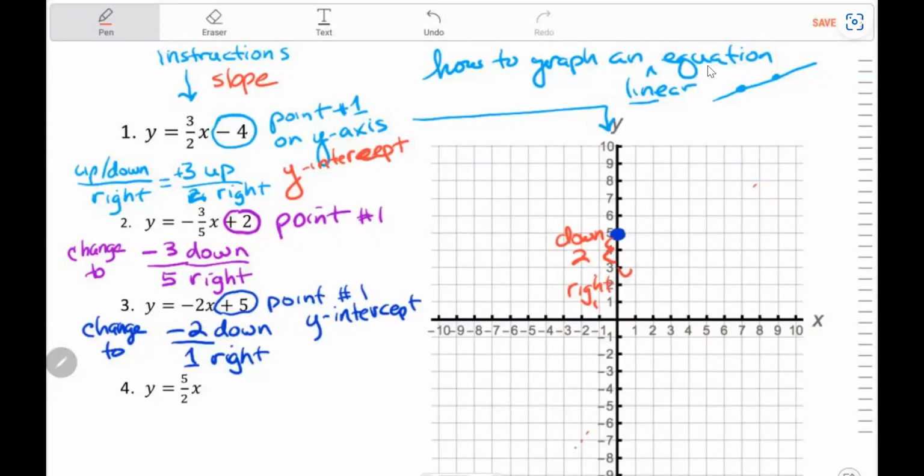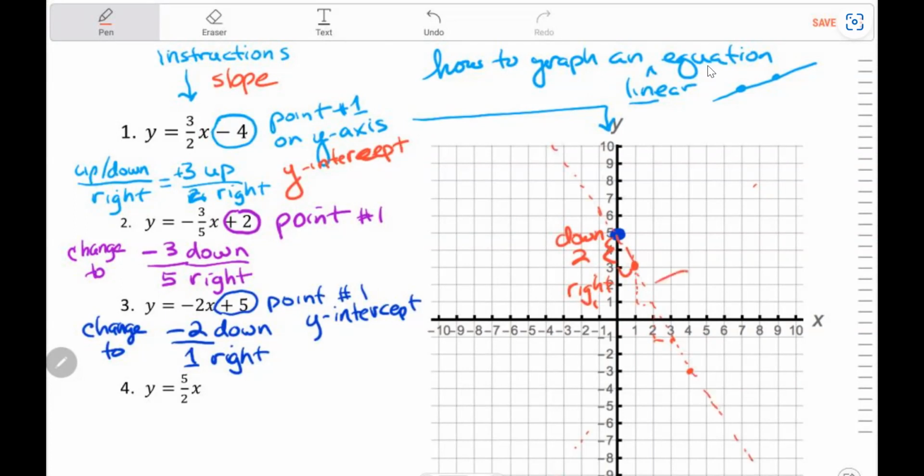And we could keep doing that, down 2 over 1, down 2 over 1, down 2 over 1. We get all these points right here, and they're all going to be on that line because that line has a slope of -2.